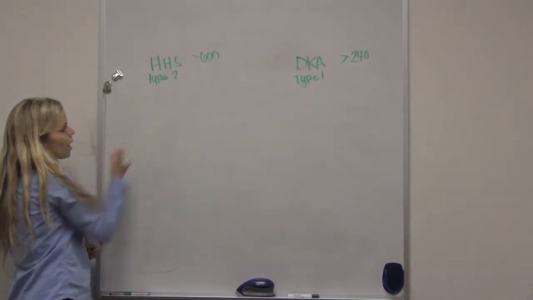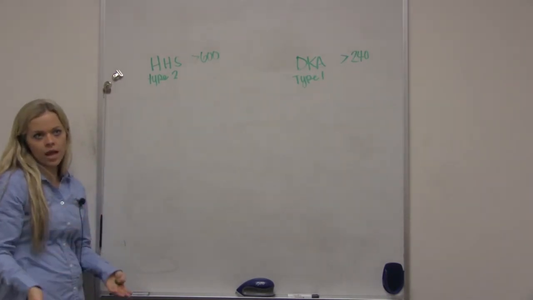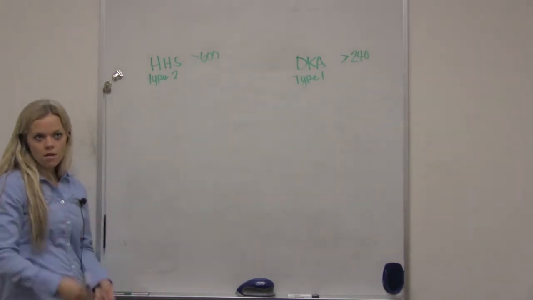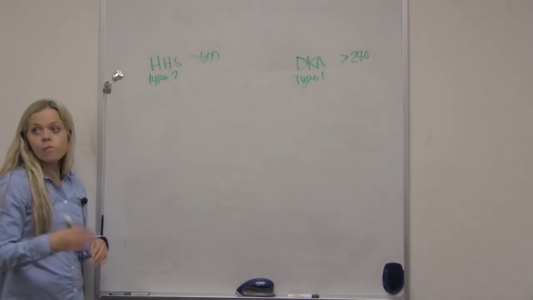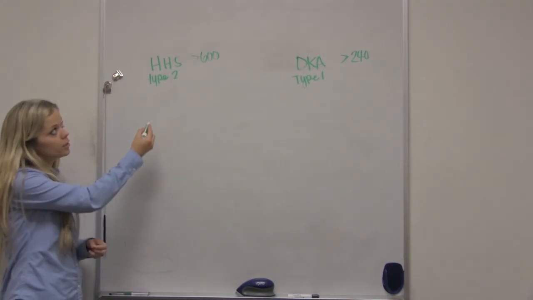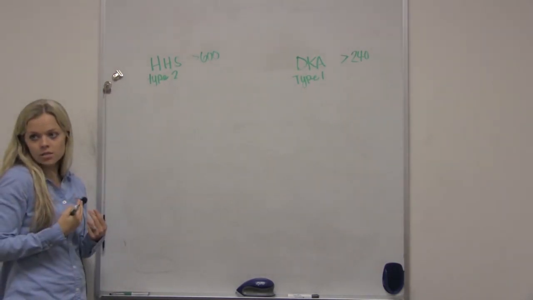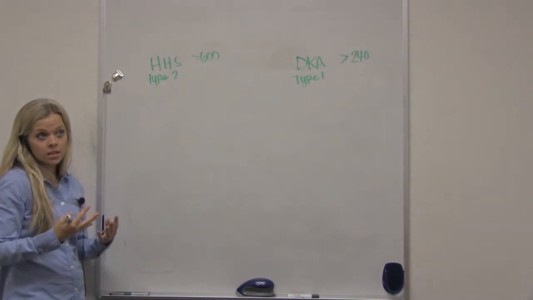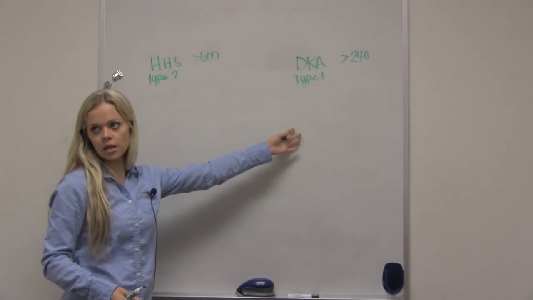So, why does someone with HHS pee everything out? Why do they start peeing? Because their glucose is so high, the osmolarity in their body is so high that their body goes into osmotic diuresis and just pees, trying to get rid of everything. Same thing with diabetic ketoacidosis.